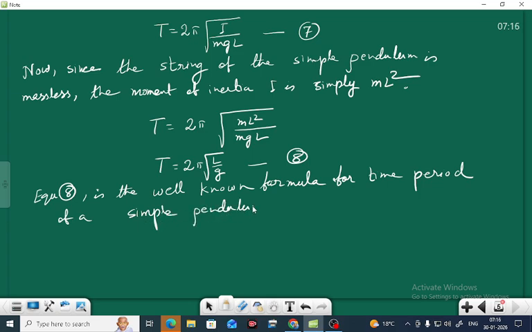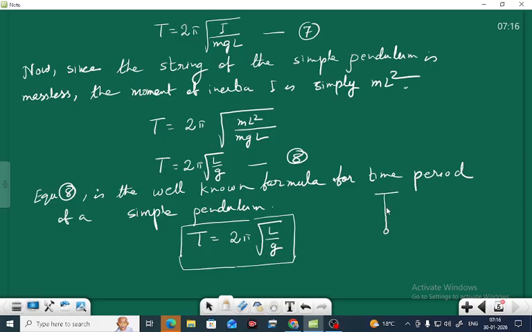The time period can be written as T equal to 2 pi root over L by g. That means the time period depends only on the length of the pendulum, not on the mass of the bob. If you take a small mass or a big mass, it doesn't depend.